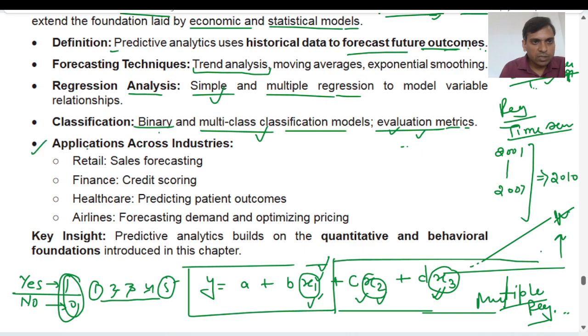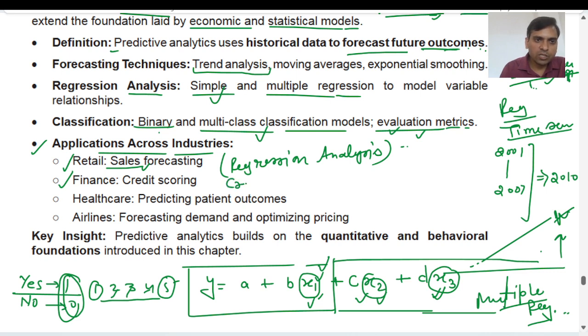Now, applications across industries. In the retail industry, to forecast sales, I have already explained this in the regression analysis part. In the financial sector, credit scoring, to generate a credit score. The credit score is based on multiple things, just like your credit card rating, your loan repayment, and your check clearance.